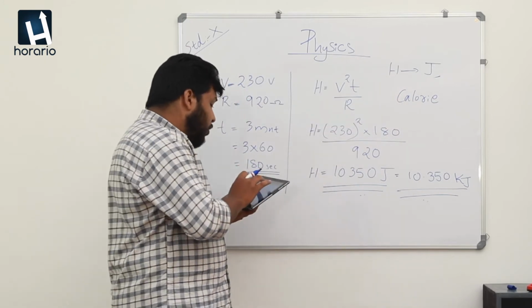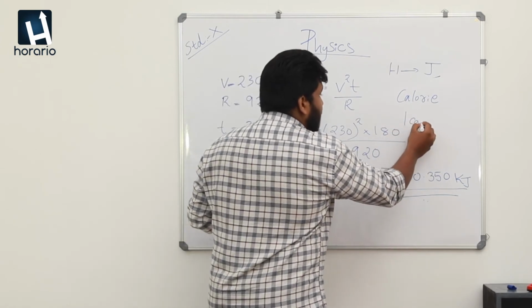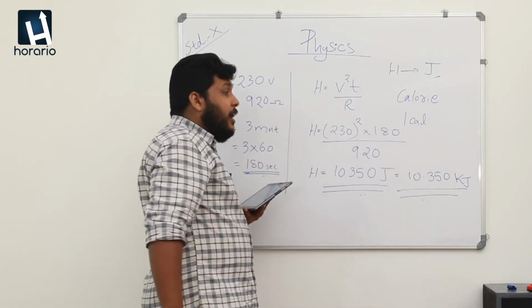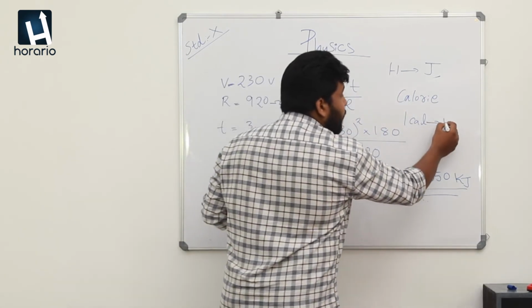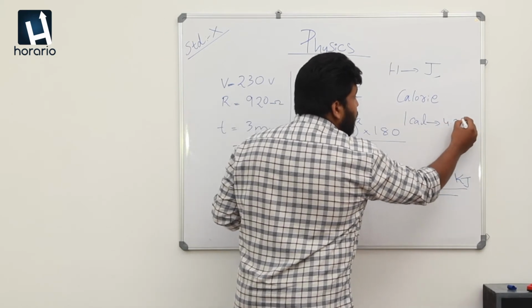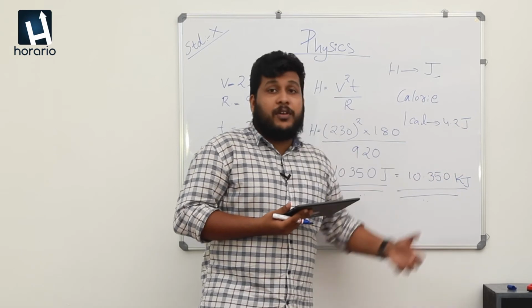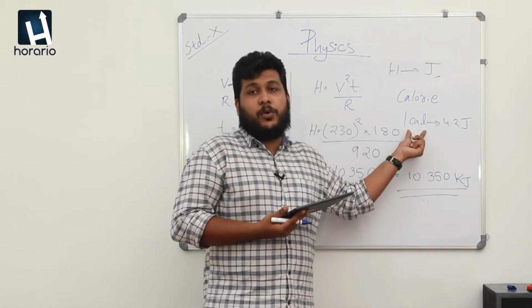So, according to this, 1 calorie is simply denoted as CAL. 1 calorie is equal to 4.2 joule, which means 4.2 joule we can say as 1 calorie.